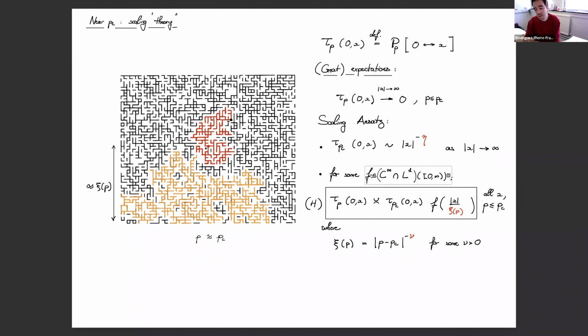Think of this function as being an exponentially decaying function, and the argument is this ratio. So this decay starts to kick in as x starts to grow in multiples of this length scale psi of p, the correlation length. And the expected behavior of this correlation length is that as you approach pc, this length scale diverges, and it diverges again polynomially in the distance to pc with another exponent, which is usually called nu.